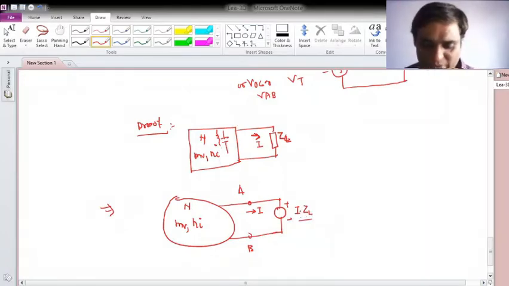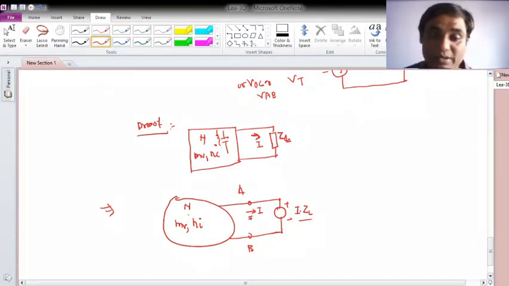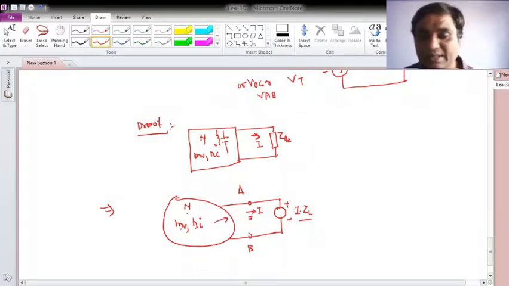Okay, so if I am doing it this way, then what we observe is that this current I will be the resultant current from the network, where m number of voltage sources and n number of current sources have been drawn, plus the current resulting from this voltage generator I into ZL.